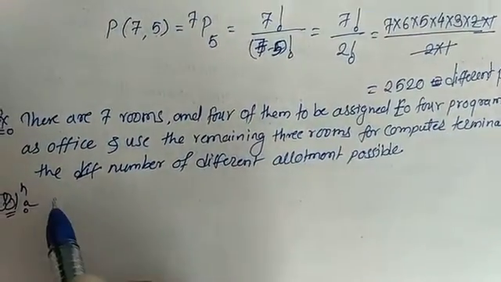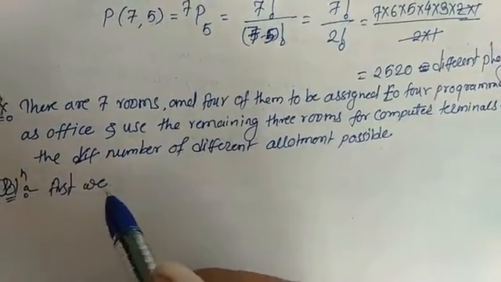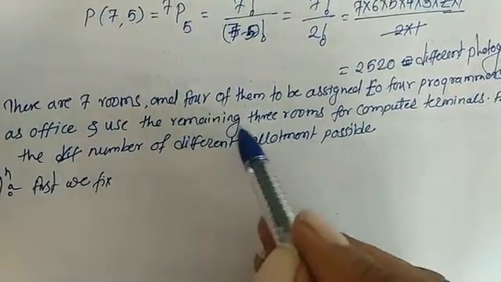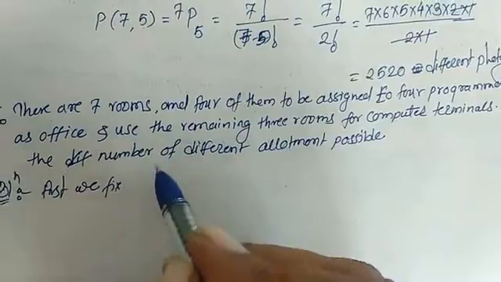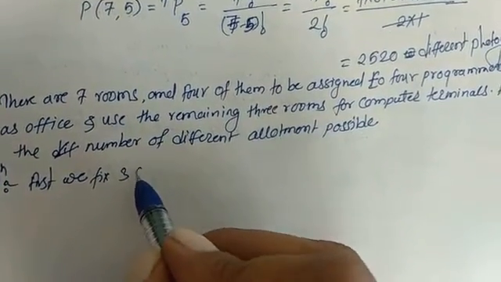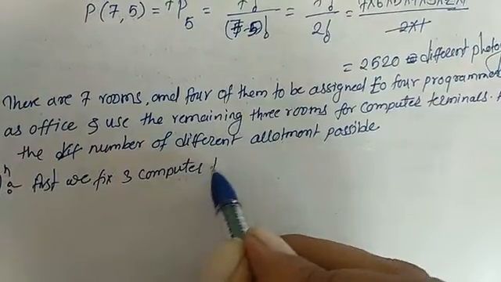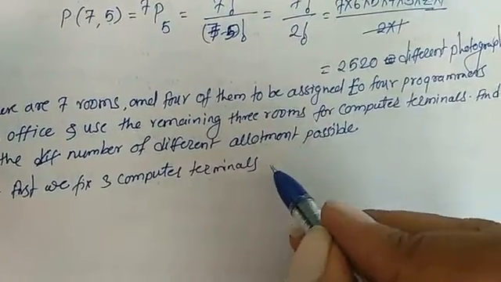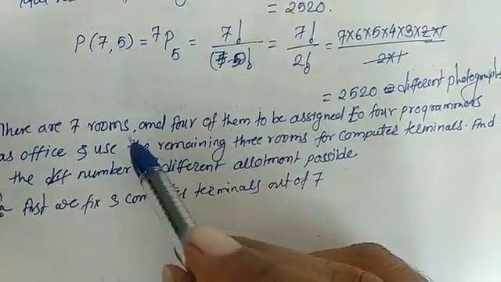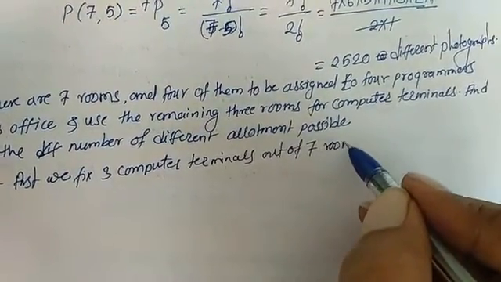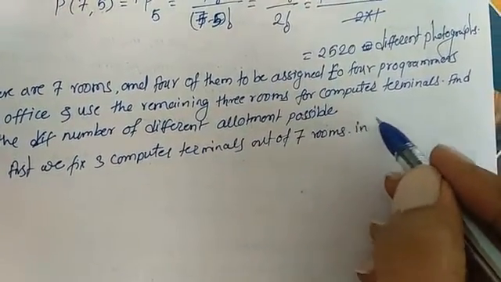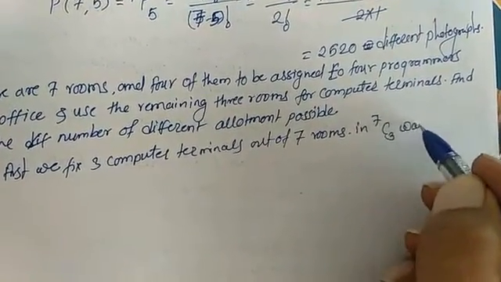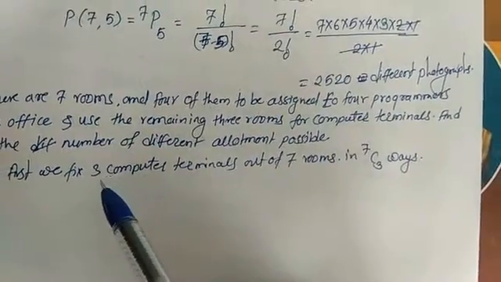So in that, first we fix 3 rooms for computer terminals, 3 computer terminals out of 7 rooms, in 7C3 ways. Here it is a selection, so it is a combination.